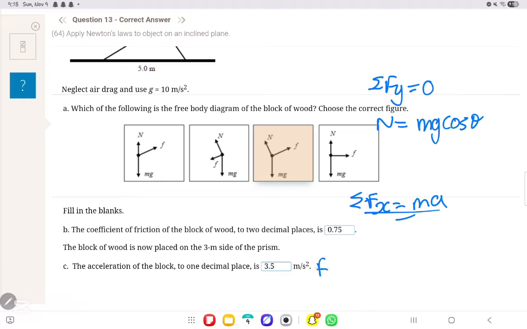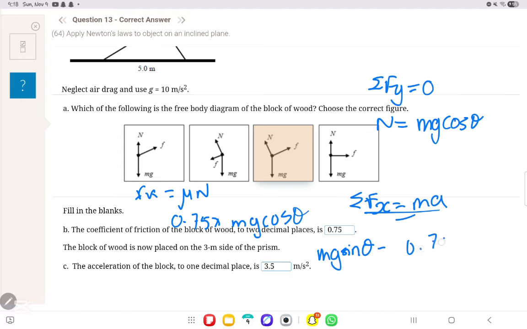Fx is the x component of the weight, which is mg sine theta, minus the force fk. Now fk is mu times n. So mu, 0.75, times n, which is mg cosine theta. So mg sine theta minus 0.75 mg cosine theta is equal to m times a.